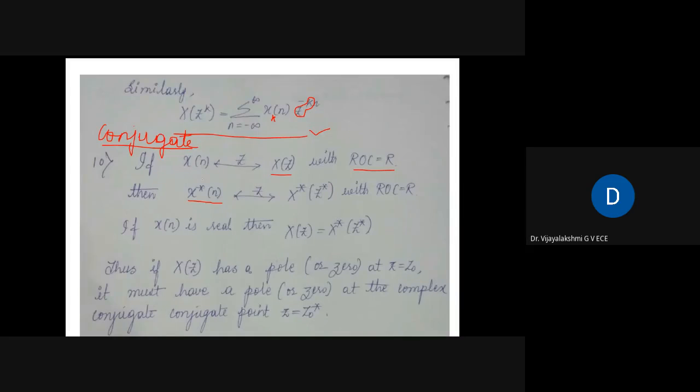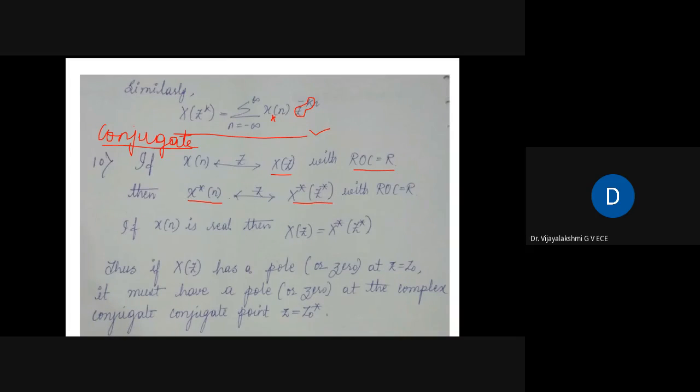that means if I take the conjugate of the signal in the time domain, then you are also taking the conjugate of its transform domain. So here if I change x of n to x conjugate of n, it becomes x conjugate of z conjugate. There also you are supposed to take the conjugate.